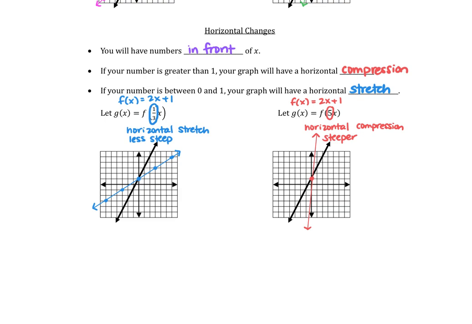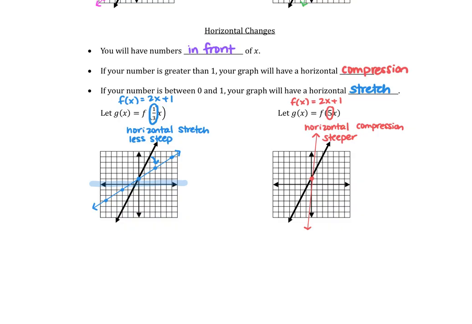Now, something that can help with the stretch or compression, if you don't want to straight memorize it, is this: once you know that it's horizontal, I can highlight that horizontal axis. If you notice, if I start at my black line and I move to my new blue line, I'm getting closer to the highlighted axis.